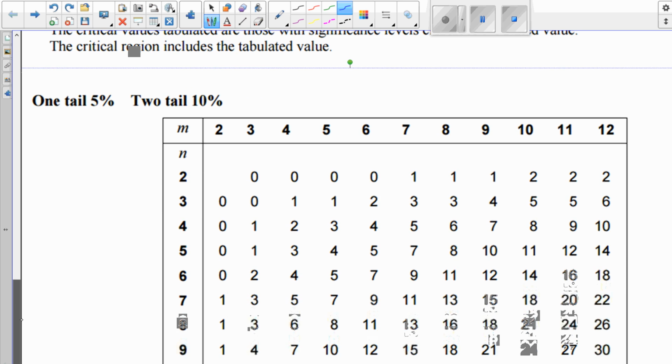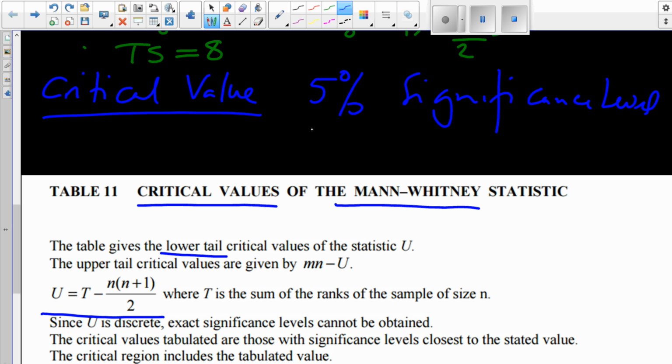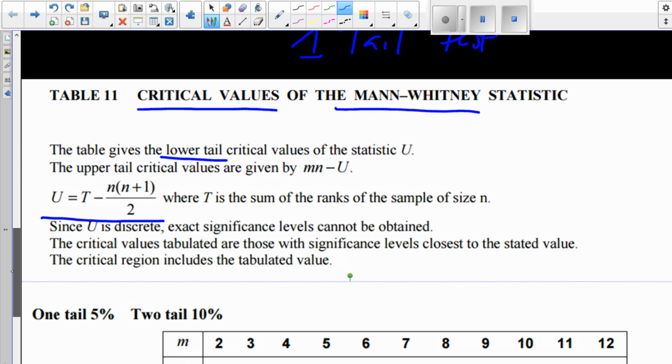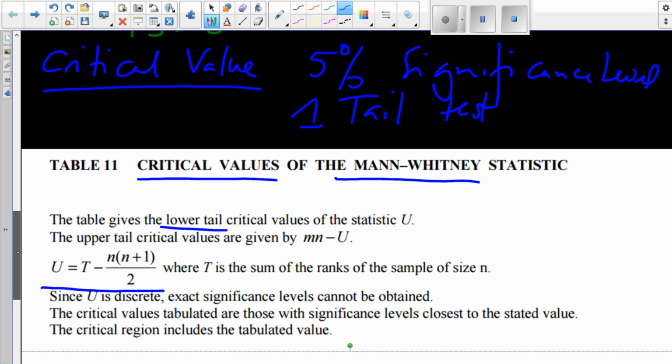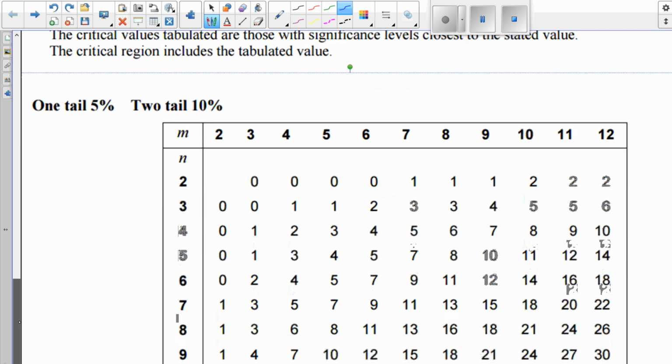Earlier in this test we already established that we had a 5% significance level. That's what they gave us in the question.